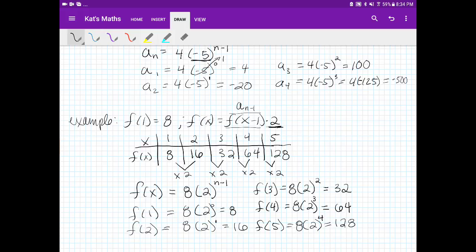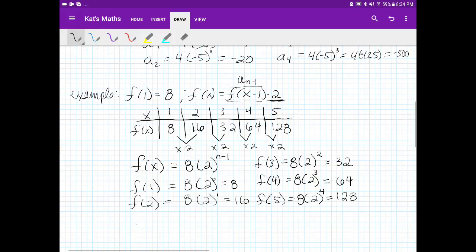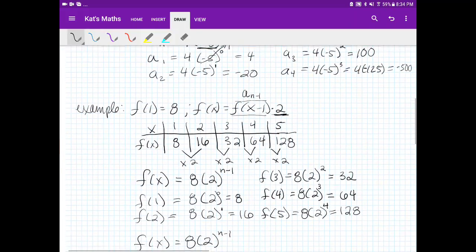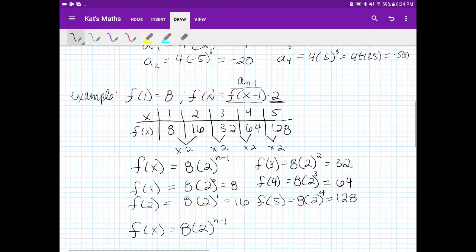So all of our numbers match. It looks like the explicit formula for this is indeed f(x) equals 8 times 2 to the n minus 1. That's the nice thing about geometric sequences. They just happen to be related by a constant number.